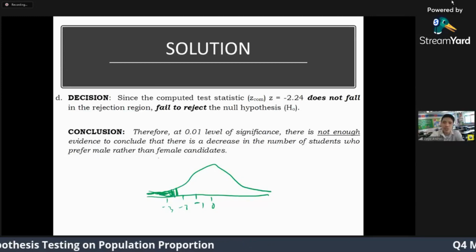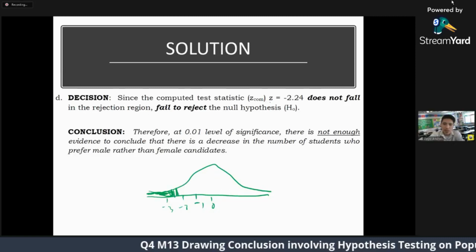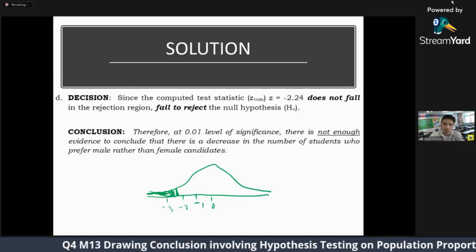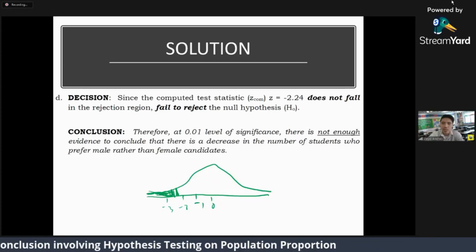So if you can see, since the computed test statistic of negative 2.24 is here, it did not reach the critical value, so you should not reject the null hypothesis.